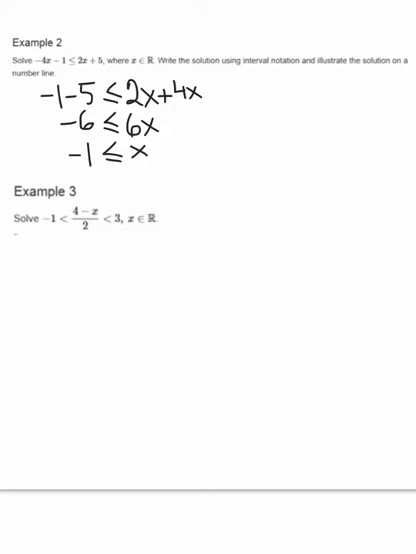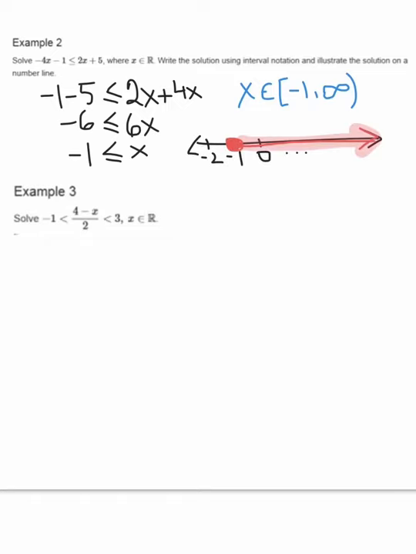So we can write this in interval notation. x is an element of [-1, infinity), including -1. And we can also show this on a number line like this. For example 3, solve -1 < (4 - x)/2 < 3, where x is a real number.